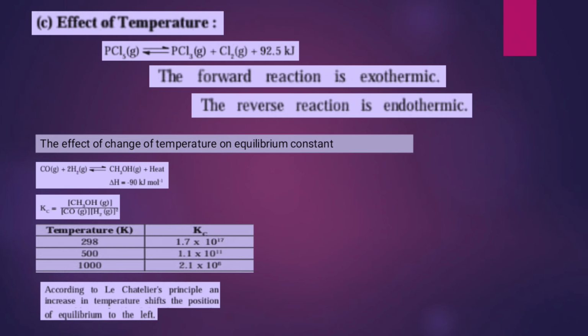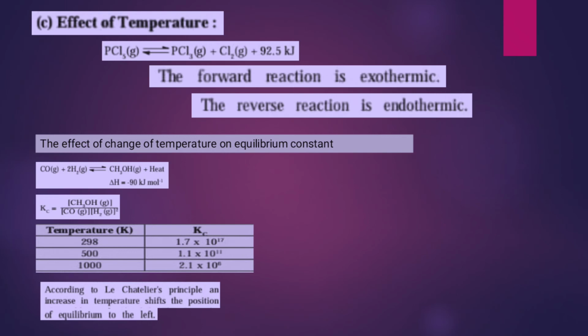Now here Kc, the equilibrium constant, will be concentration of CH3OH gas upon concentration of CO gas into concentration of H2 gas raised to the stoichiometric coefficient of H2, that is 2.